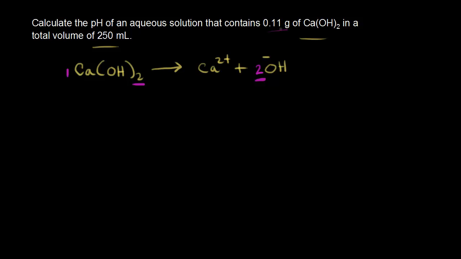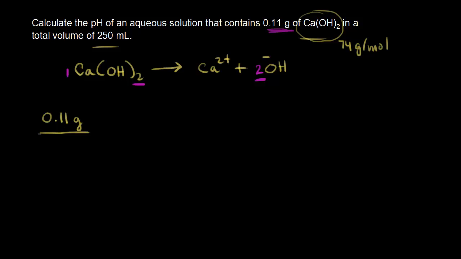So over here we have 0.11 grams of calcium hydroxide. So let me write that down here. So 0.11 grams of calcium hydroxide. One way to think about finding the moles is to divide by the molar mass. So the molar mass of calcium hydroxide is 74 grams per mole.